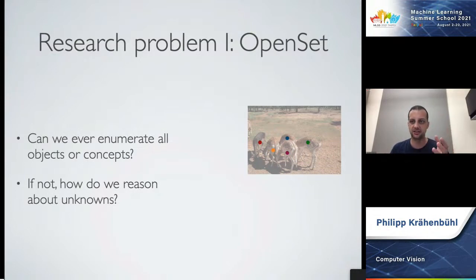Or the detector could tell you, hey, I think this is an object, I just don't know what it is. And so going beyond the set of closed form labels that you have in your training data is what a lot of research is currently looking at, and will probably look at in the next few years.